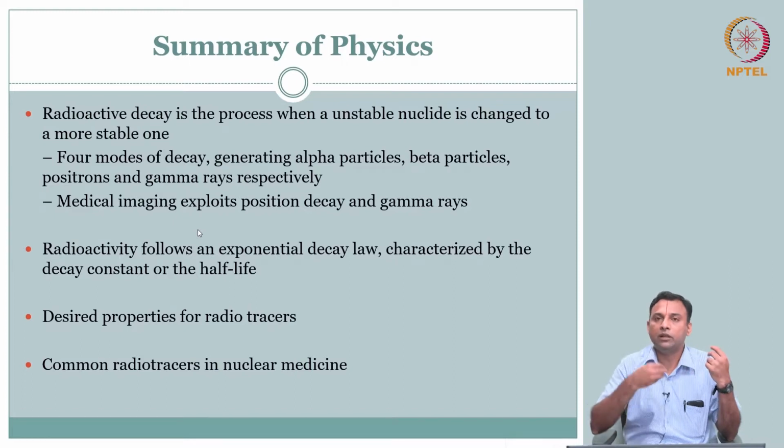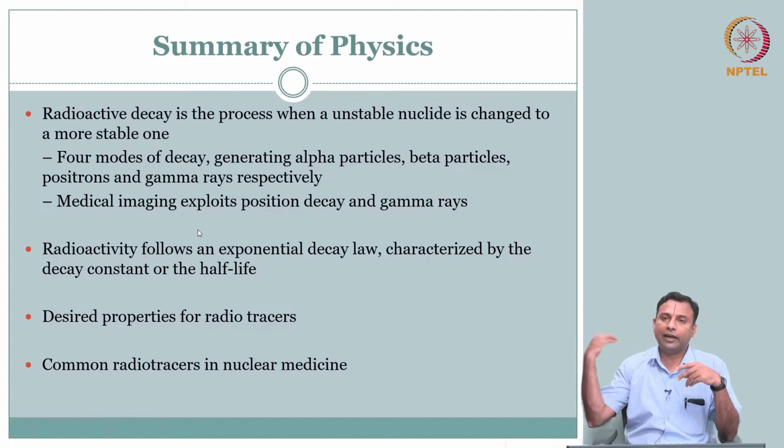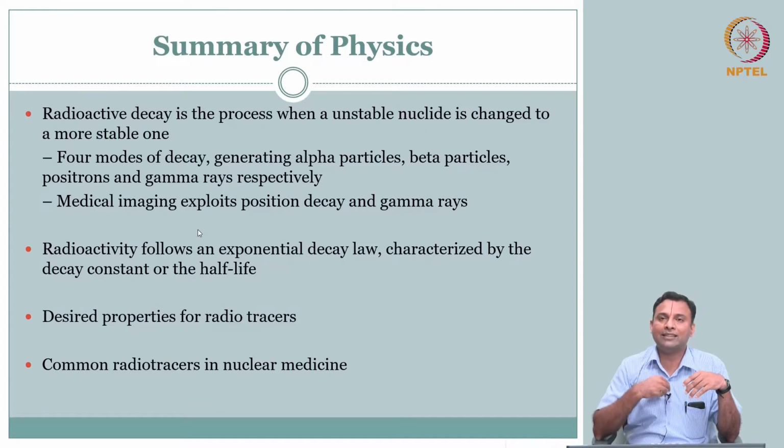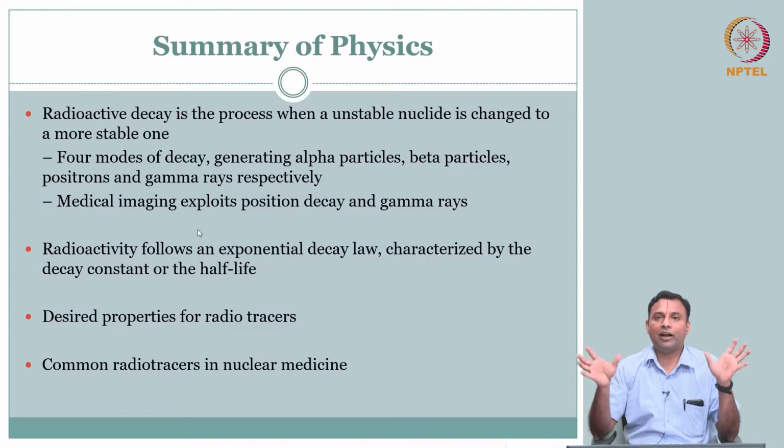One was simple projection radiography, the other was, after you collect the data from different projections in different views, how do we back project and get the slice tomography. Similarly here, when the gamma rays are emitted from inside the body, we have to collect them.